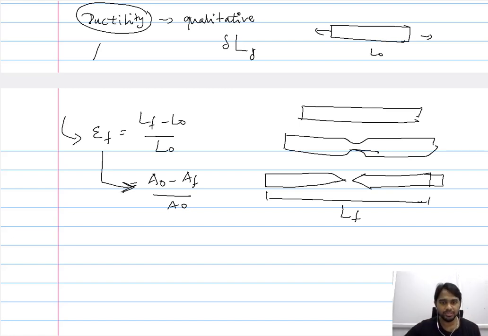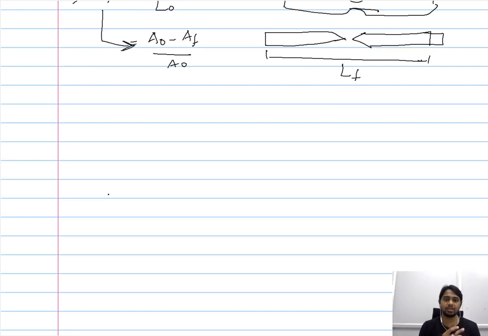Now, in addition to ductility, there are other terms that are used from the application standpoint and when you are doing the tensile testing of the material. So one term is ductility, the other term is resilience.